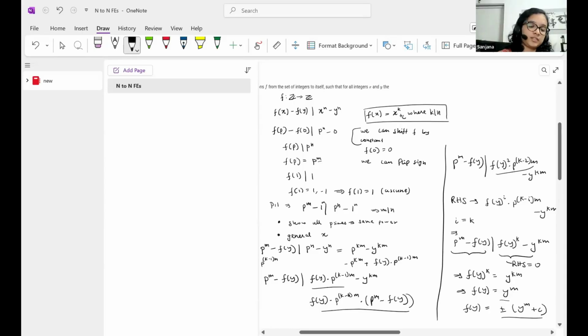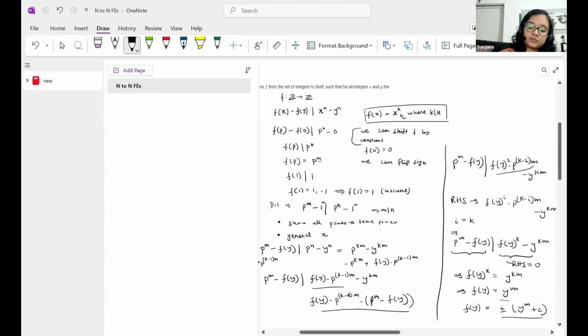So the main idea, after getting that a prime goes to a prime power which divides n, is that you just plug in a prime and a random value, and then you keep on applying this subtracting idea which we looked at earlier on the right hand side, in order to get rid of the term containing the power of p.